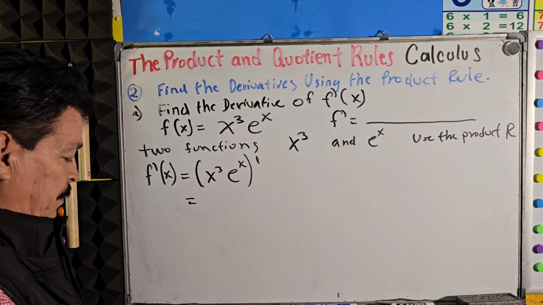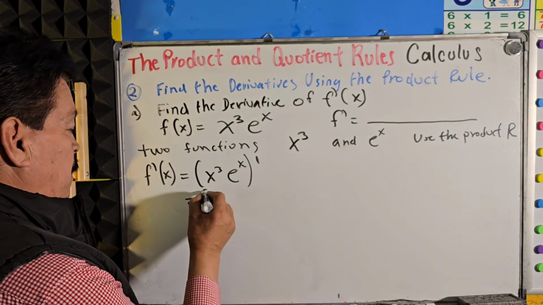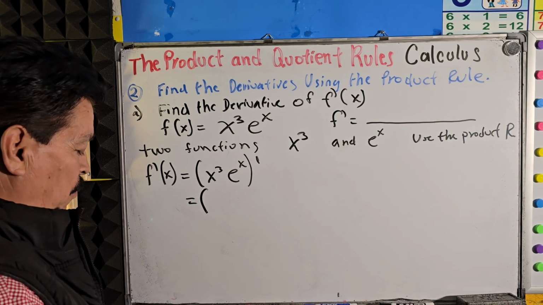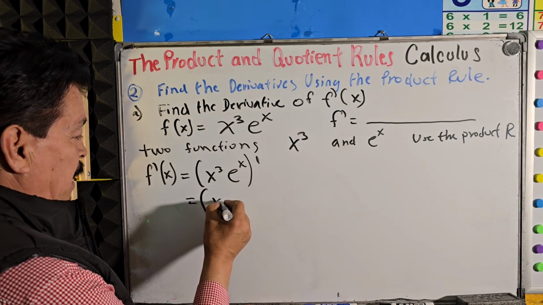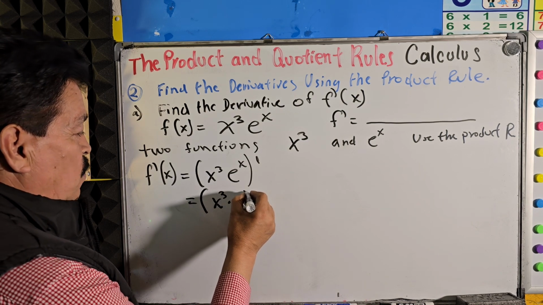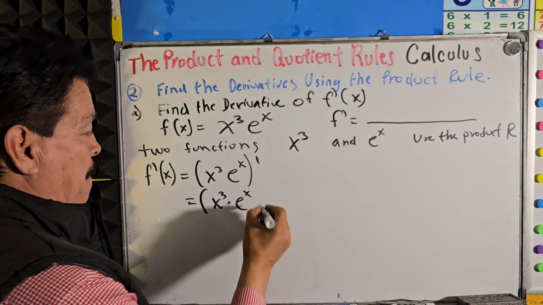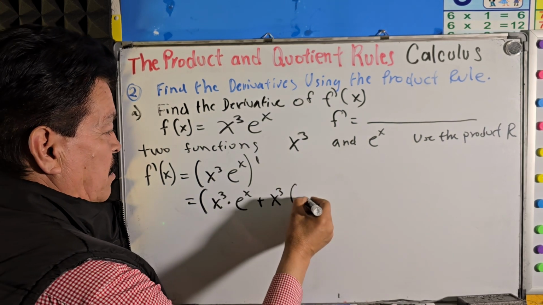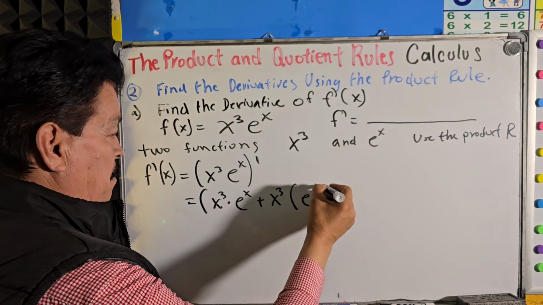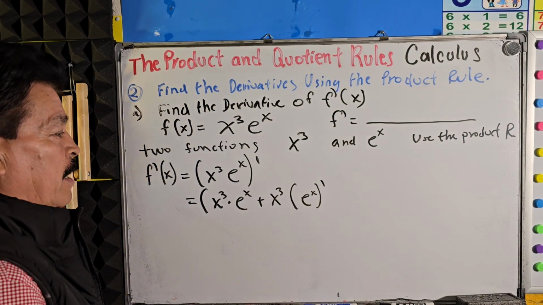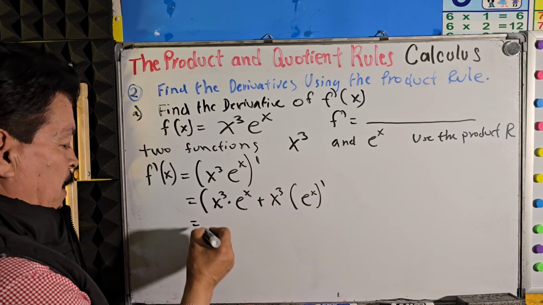Second one, we write the parentheses here and divide our function. So we will have the derivative of x to the third power times e to the x power plus x to the third power times the derivative of e to the x power.